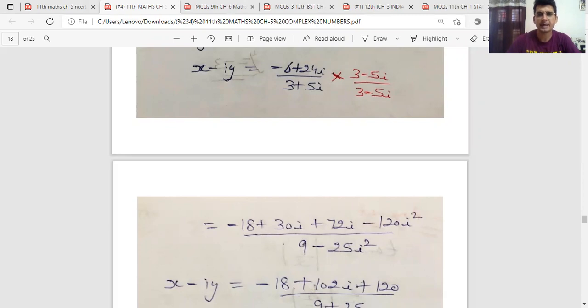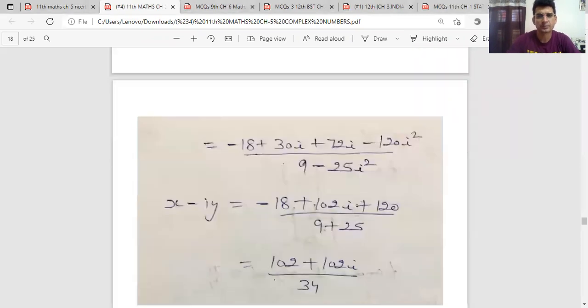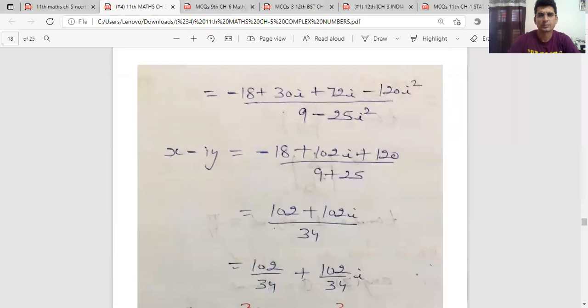In the denominator, (a plus b)(a minus b), that is 3 square, 9, minus 5 iota square, 25 iota square. Value of iota square is -1, minus minus, that is plus 9 and plus 25.